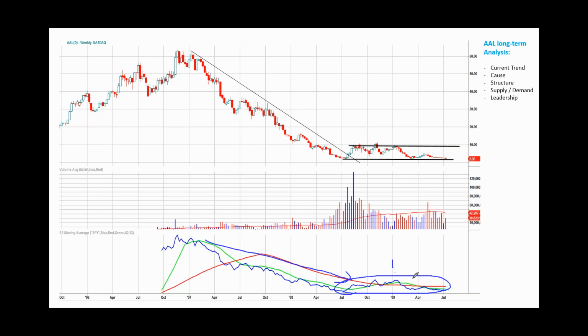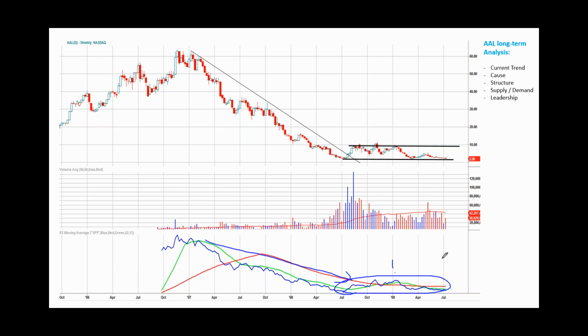So even though we see some kind of rotation in the group, it doesn't mean that all of the stocks are going to be heavily under the influence of big institutions, in terms of the money moving into those stocks. They could be a very thematic buy, but initially the money is going to go to the stocks that are perceived as the potential leadership in the future.